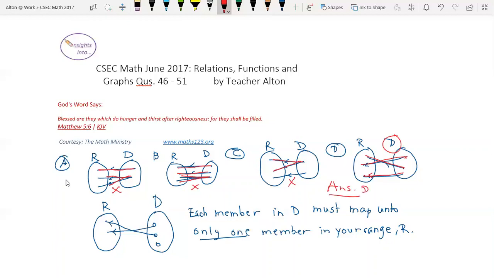Now, just to tease you a bit here, watch this. I'm drawing it now how it's normally drawn. I'm going to put your domain first, followed by a range. Do you think this constitutes a function?